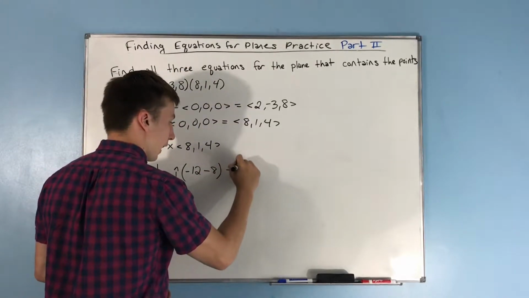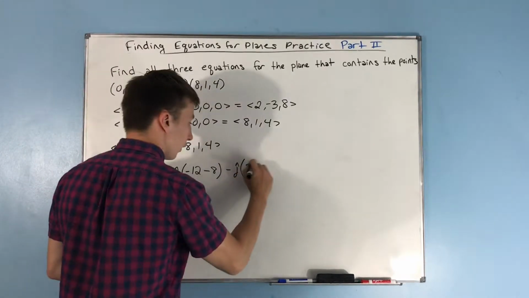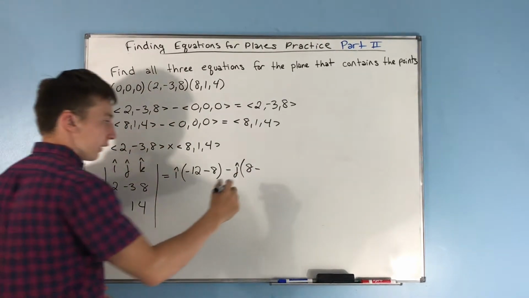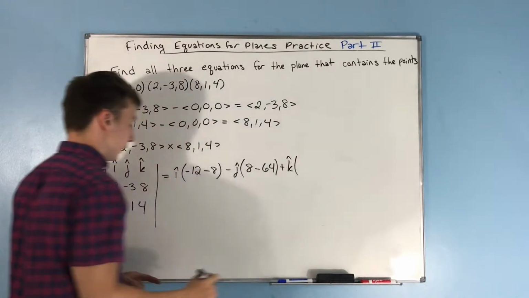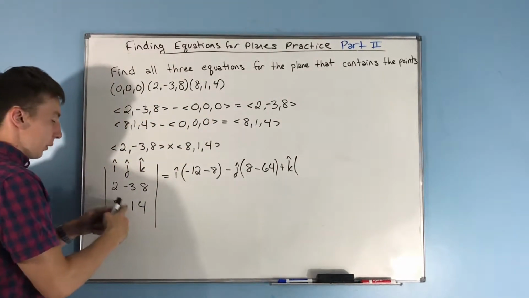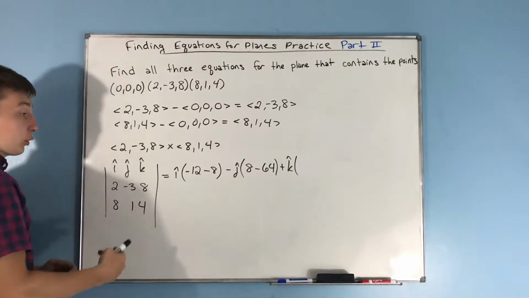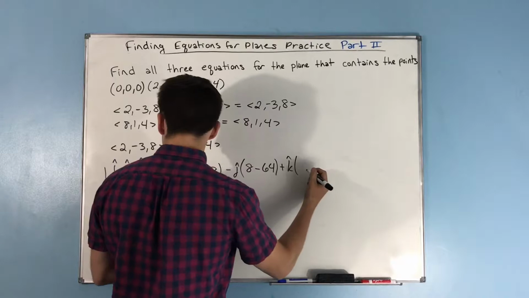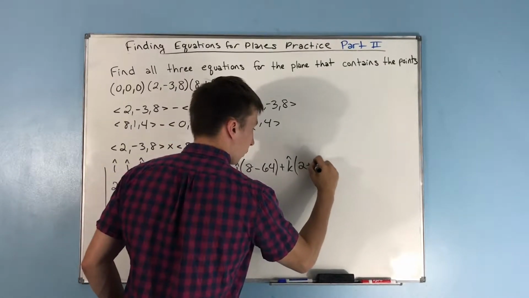We get minus j hat times (2 times 4 is 8, minus 8 times 8 is 64), plus k hat times (2 times 1 is 2, minus -3 times 8, that's a negative 24, so we'll have a positive 24).